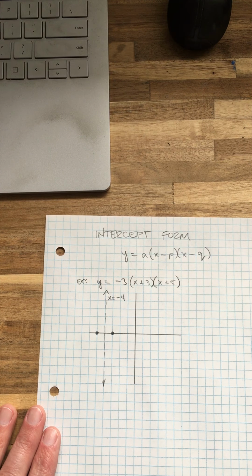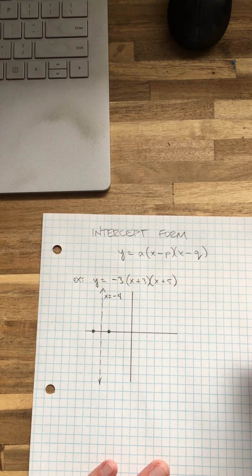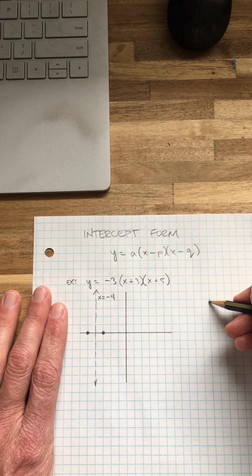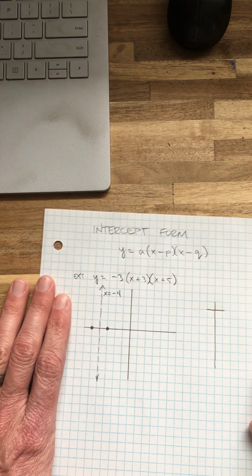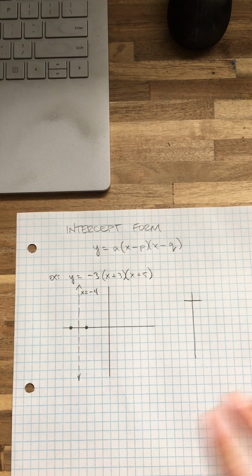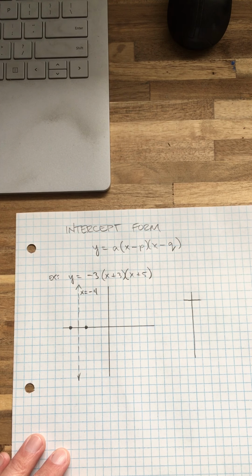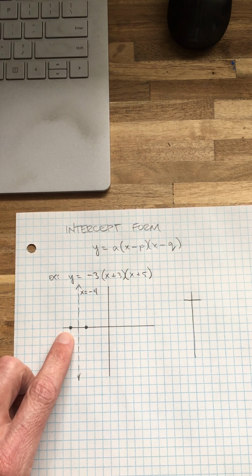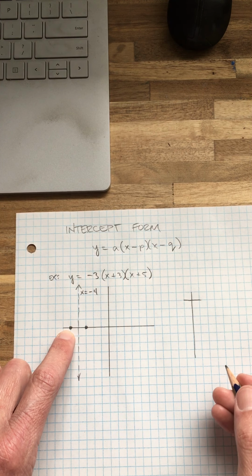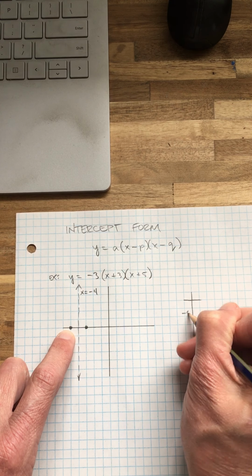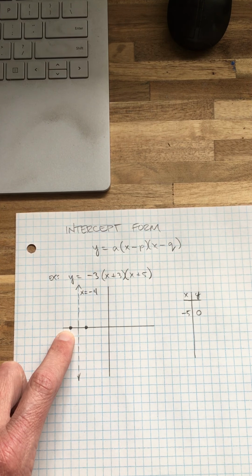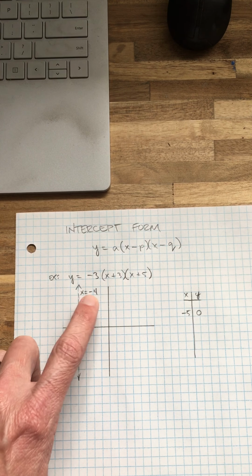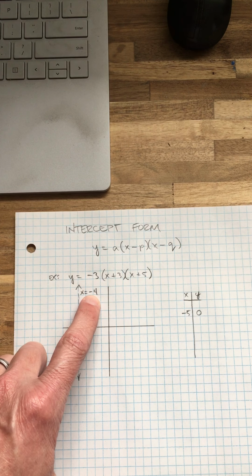All right, so here's what we do. We go like this, make a t-chart off to the side, and basically all your problems are going to follow the same steps, okay? This is a general way you can use this method for every problem, okay? So let's put this point in there. That's -5, 0, so put -5, 0. This is your x and y t-chart. -5, 0, okay? We have -4, okay?